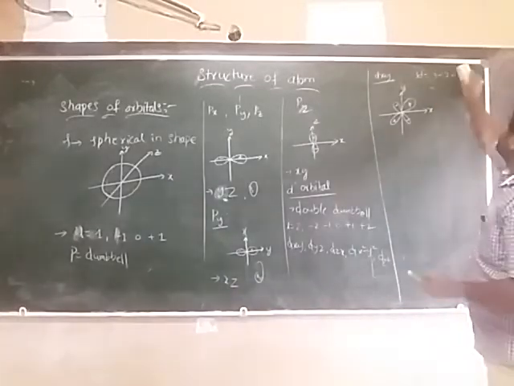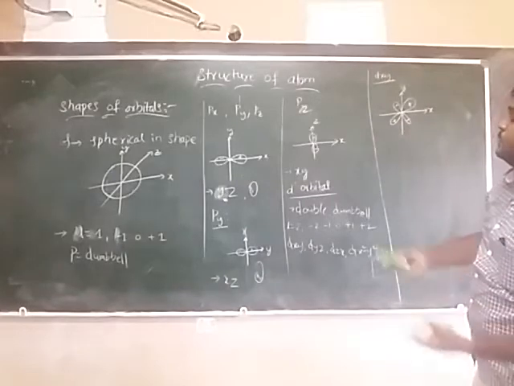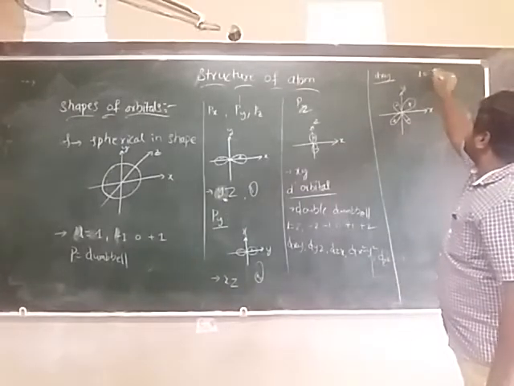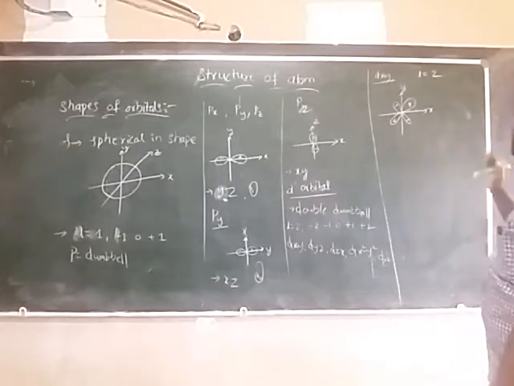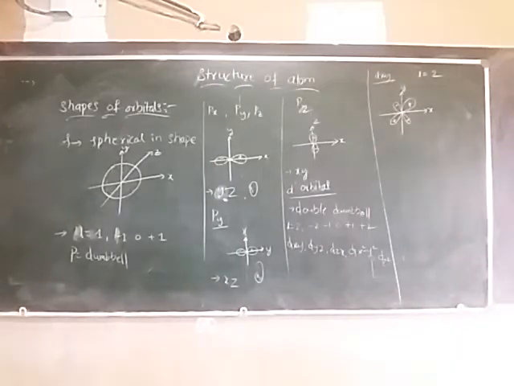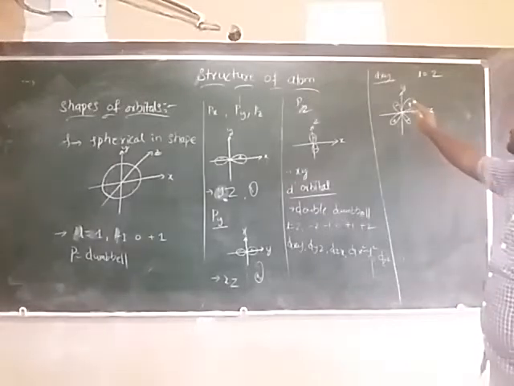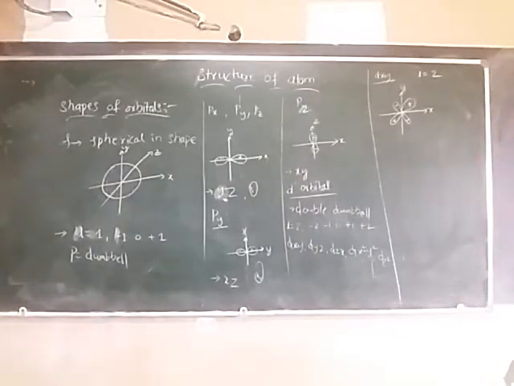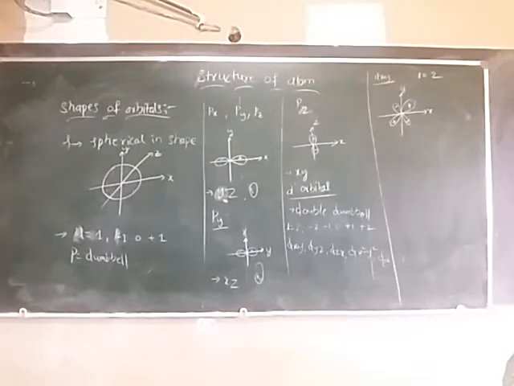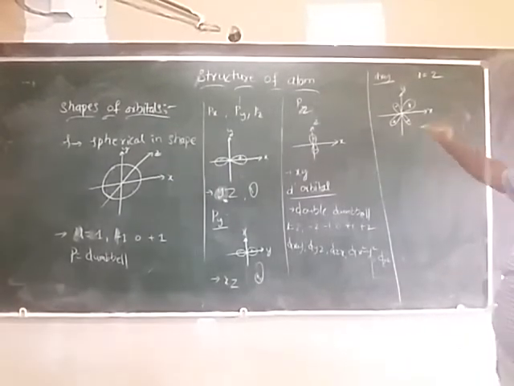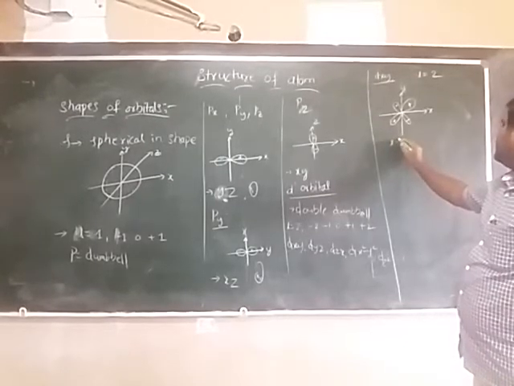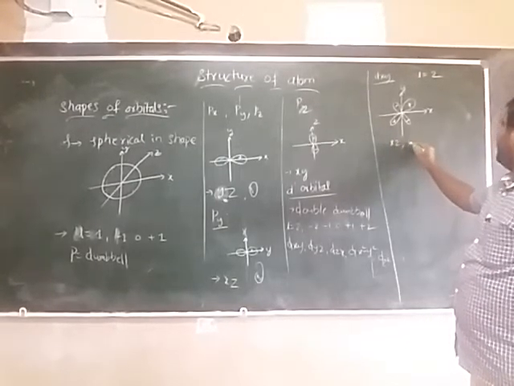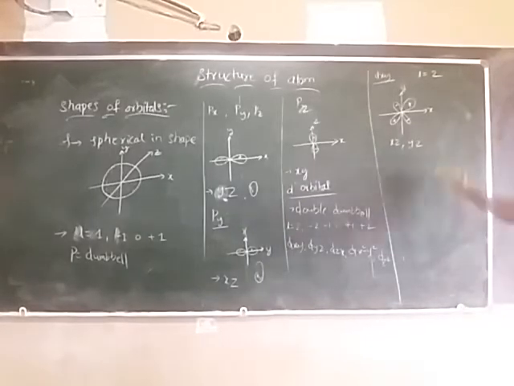You can see actually, L is equal to 2, so the nodal planes equal L, which is 2. Two nodal planes. Is it clear? So what are those two nodal planes? In between the x and y we are having the four lobes. Yes or no? So the nodal planes are xz and yz. These are the two nodal planes.